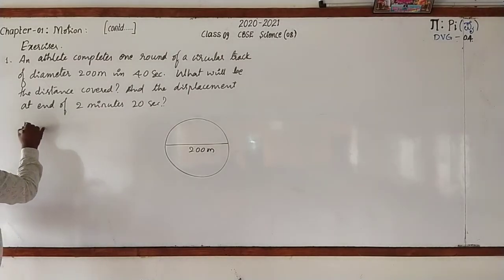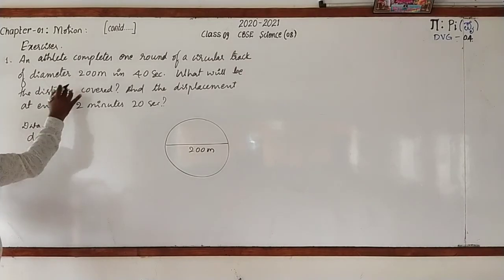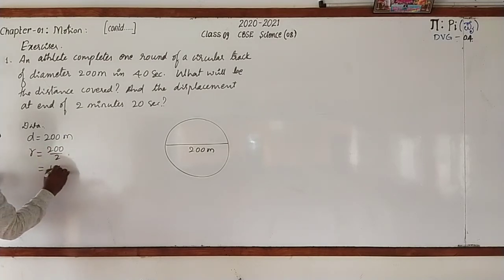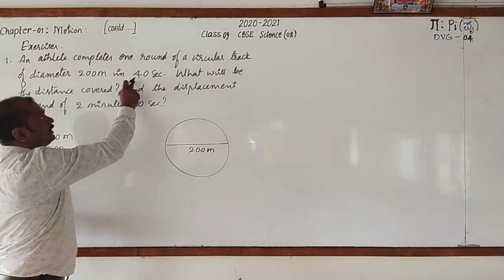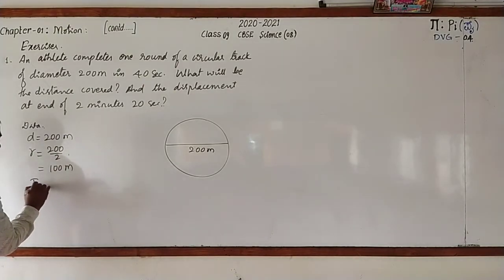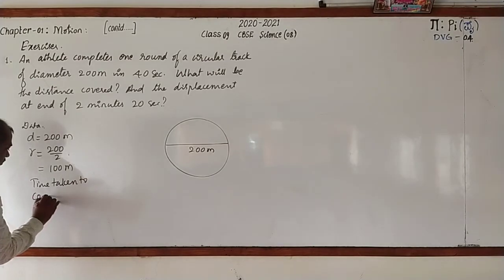Let me write. Look here, they have given the diameter. The diameter of the circular path is 200 meter, and the radius will be 200 by 2, because it is half of the diameter, which is 100 meter. And the time taken by the athlete to complete one round is 40 seconds.